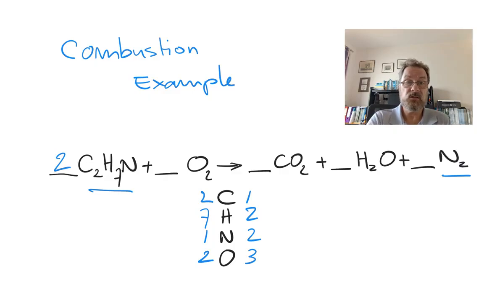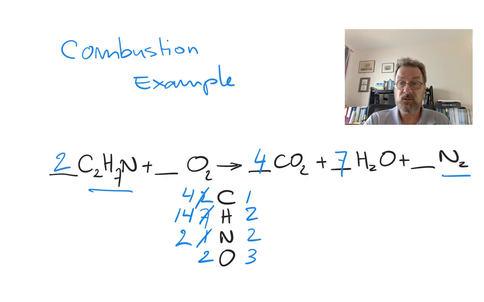If we start with 2 of these, then we look at the carbons and the hydrogens, so 2 times 2 would get me 4 CO2, 2 times 7 would get me 7 H2O. So where does that leave us? So we end up with 4 carbons over here, we end up with 14 hydrogens over here, 2 nitrogens, which is good.